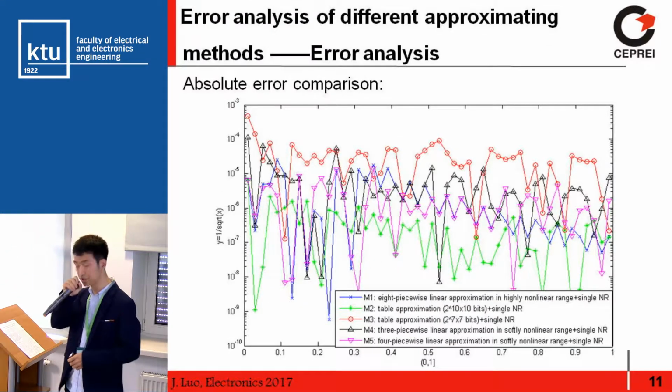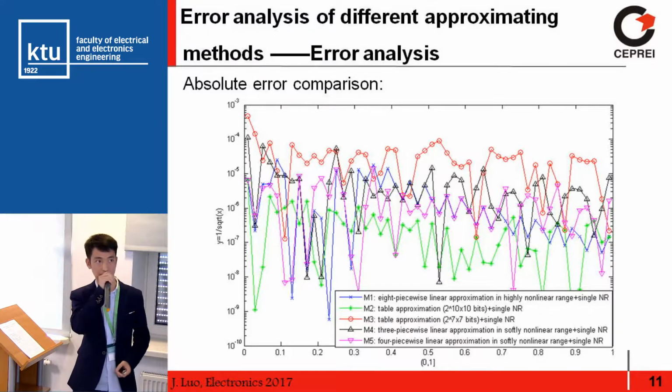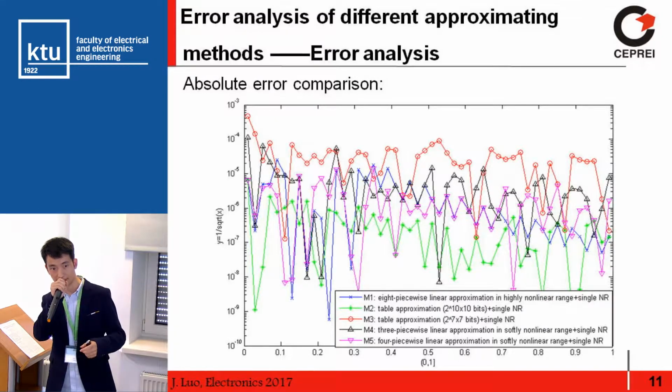This picture shows the comparison of different methods. We have compared 5 methods, as shown here: 8 piecewise linear approximation in the highly nonlinear range, first order, a single Newton method, and the table technique plus the multiplicative method. We have compared the different memory bits.